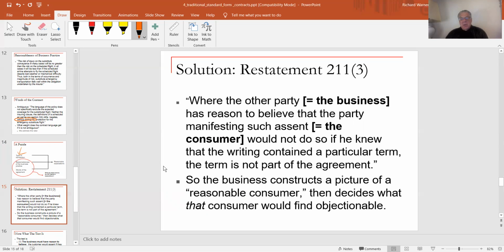Right? So we say, gee, we've written this contract, and the business reads it and says, oh boy, consumers would never agree to that if they knew it had that term. So what the business does is construct a picture of a reasonable consumer, then decides what that consumer would find objectionable.